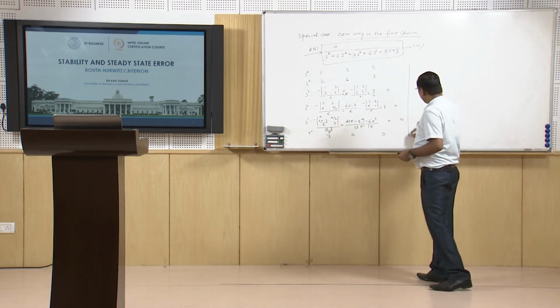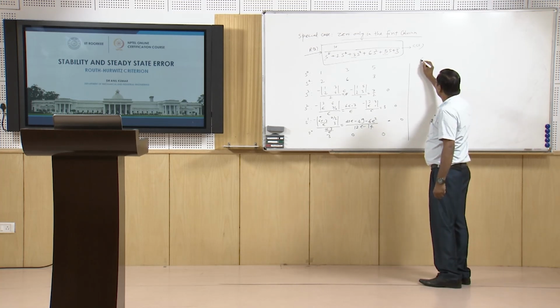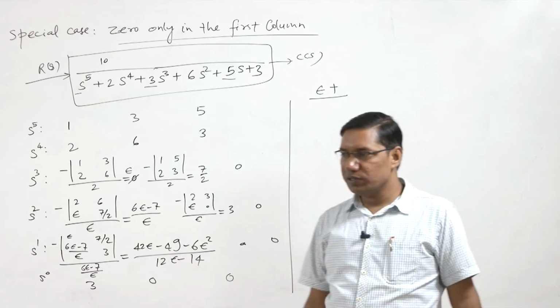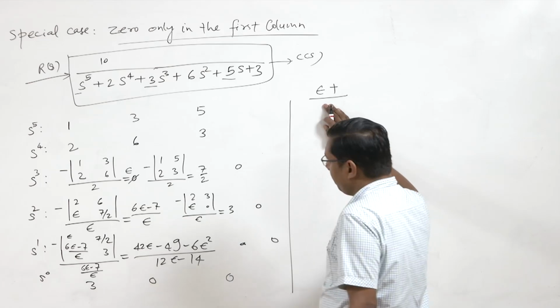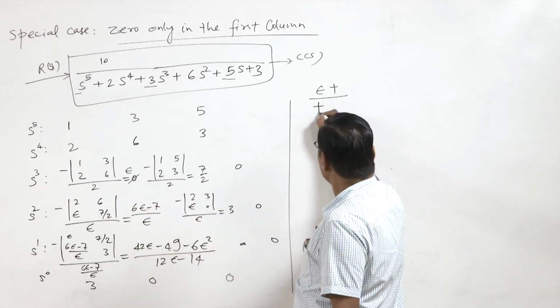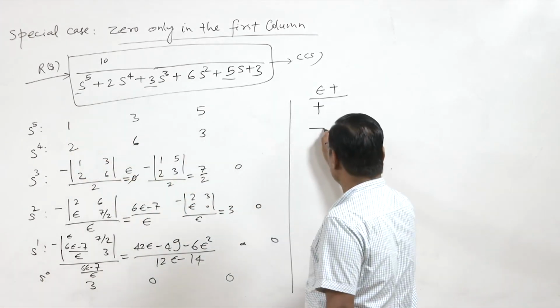Now let's take the sign change. Here epsilon, let's say, is approaching 0 from the positive side. So this is plus, this one is plus, 2 is plus.